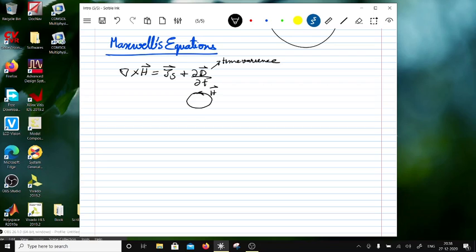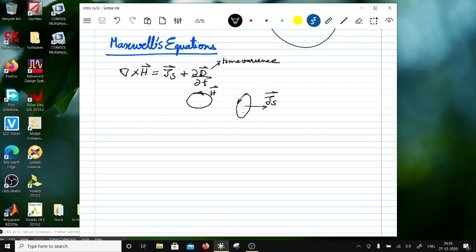For example, if your four fingers were doing like this, right-hand thumb rule, the thumb would be pointing in this direction. So this is Js. The reason for a loop of H is that there is a current density through that loop.